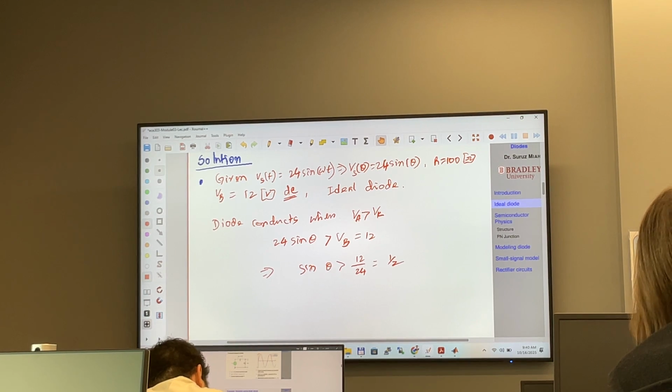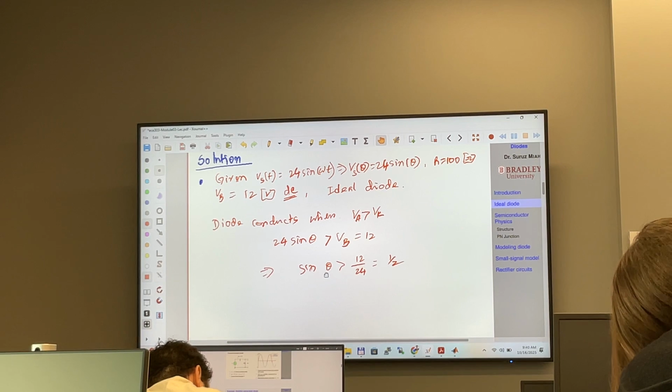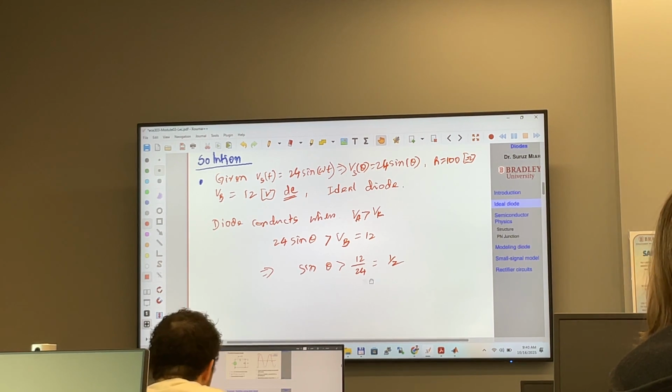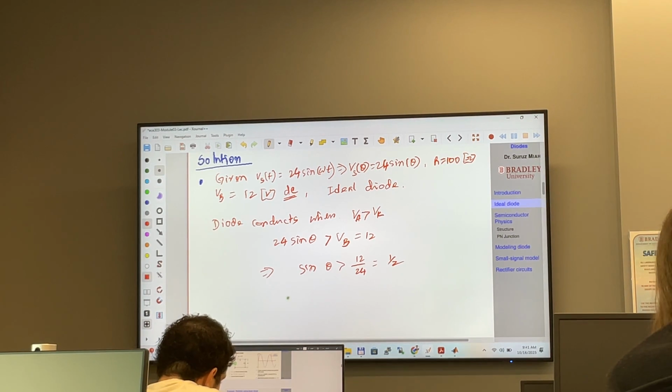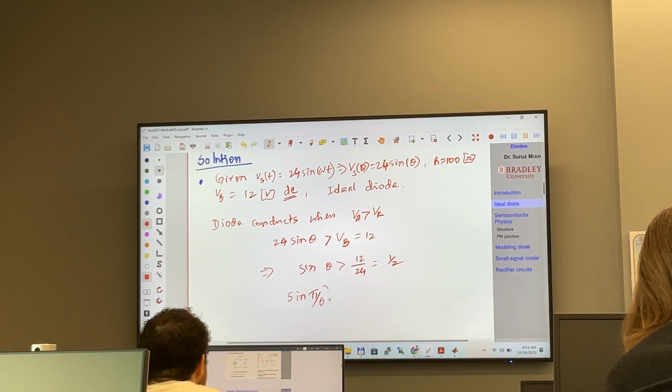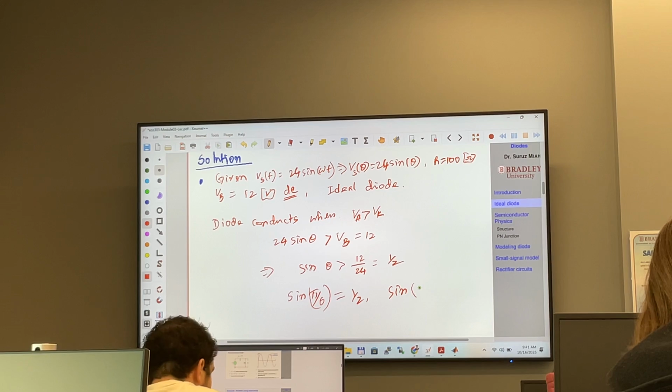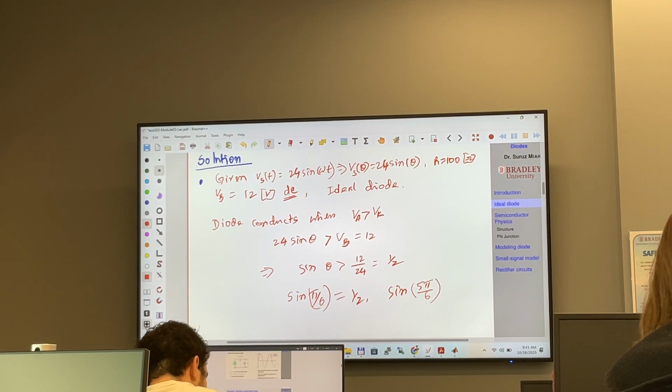And what other angle gives half? Sine 60, sorry, not 60. That's fine. The two theta values: sine of 5 pi over 6, which is 150 degrees, is also going to be half.